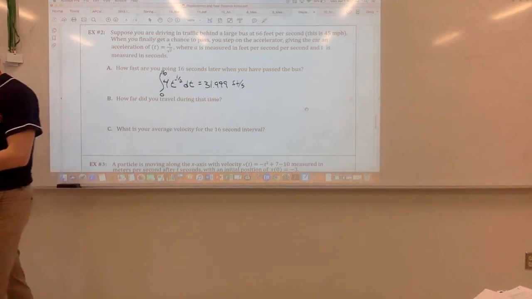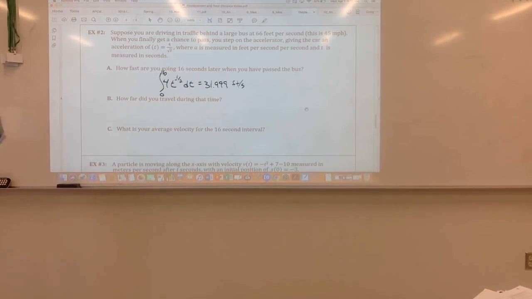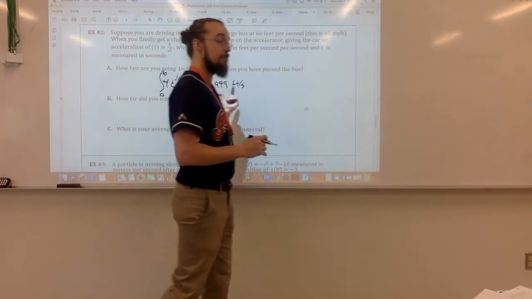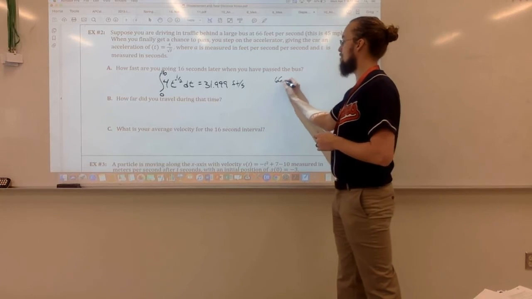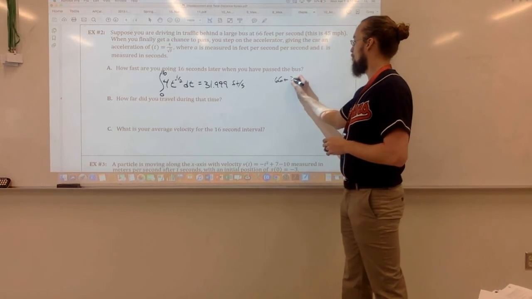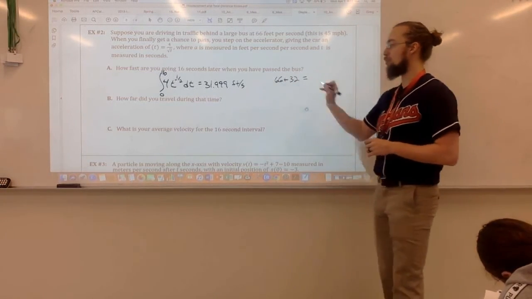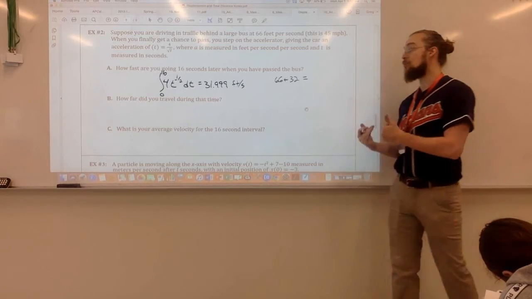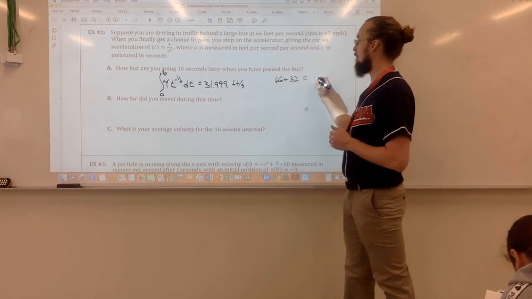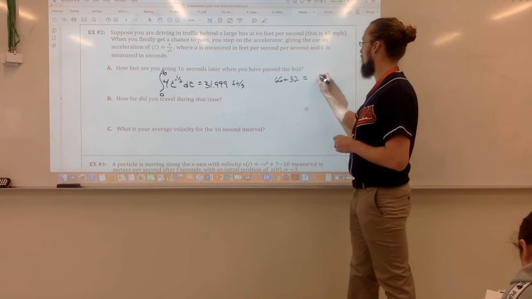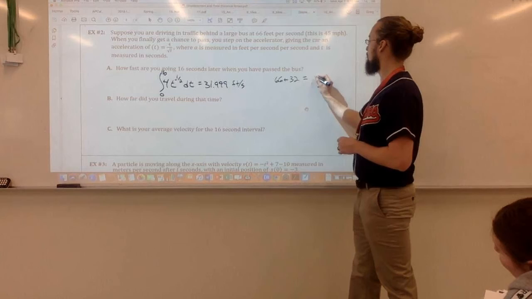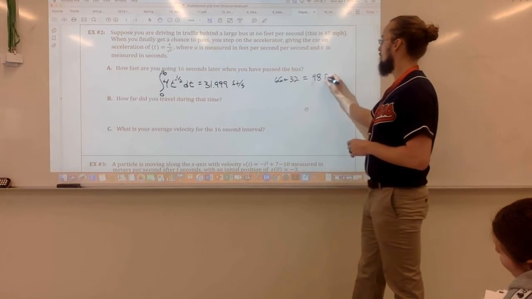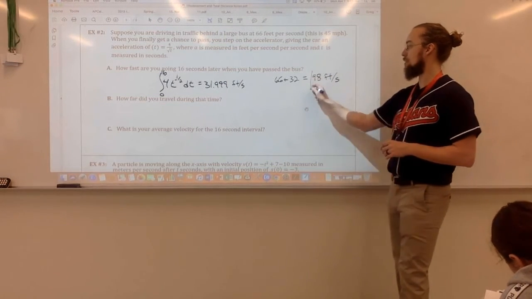So if I started out at 66 feet per second and sped up this much, my final velocity would be 66 plus, we'll just round that to 32, so my final velocity at 16 seconds would be 98 feet per second.